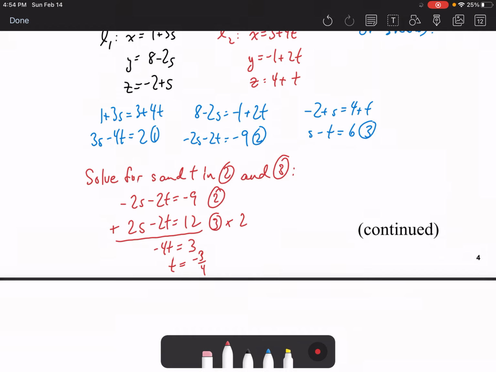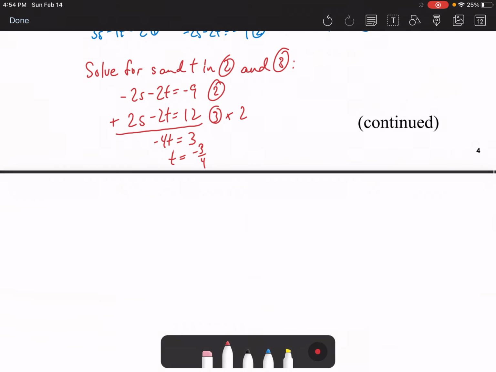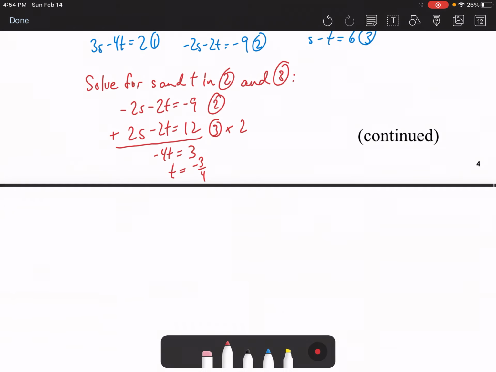Okay, so I found a value for t. Now I find a value for s. I'm going to substitute it into my third equation to solve for s. I'm going to leave it as a fraction of 21 over 4.